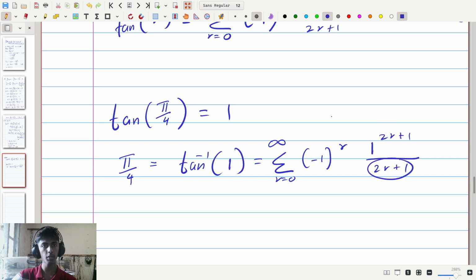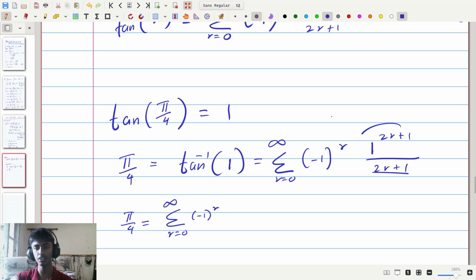Furthermore, 2r plus 1 is not going to be equal to 0, because r is an element of the integers. Therefore, pi by 4 must be equal to the sum from r equals 0 up to infinity of negative 1 to the power of r times this thing. This is equal to 1, so we can just write that as 1 divided by 2r plus 1.